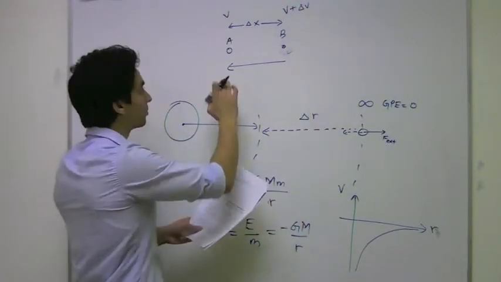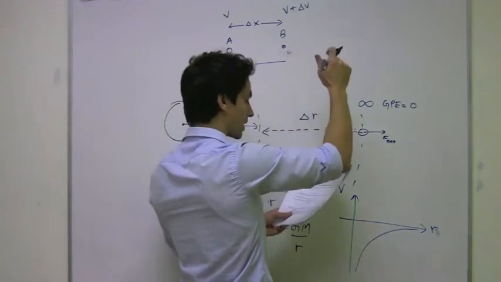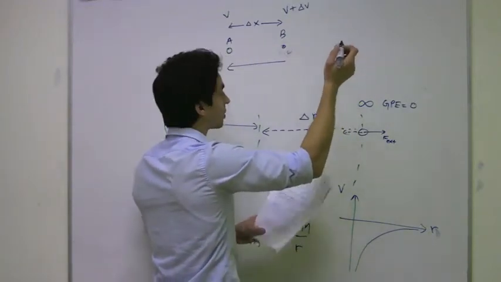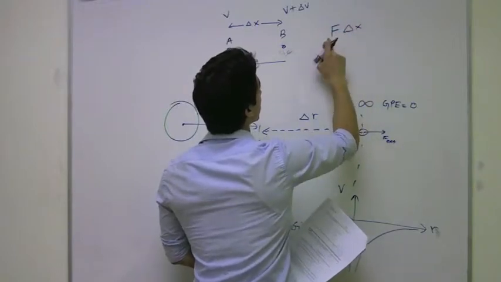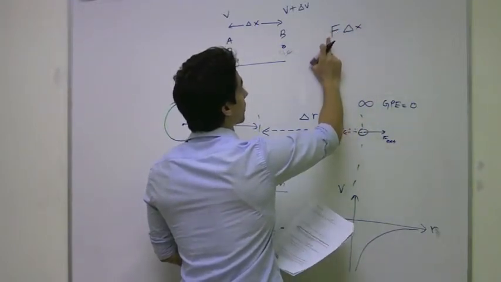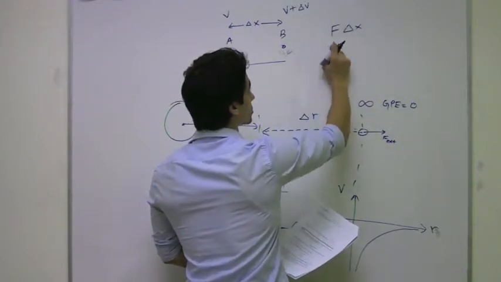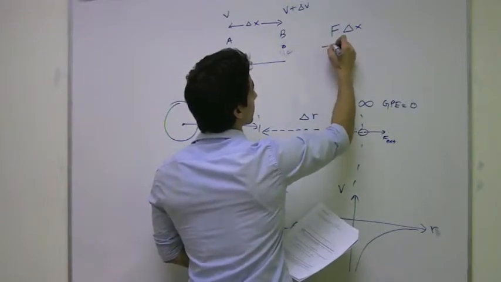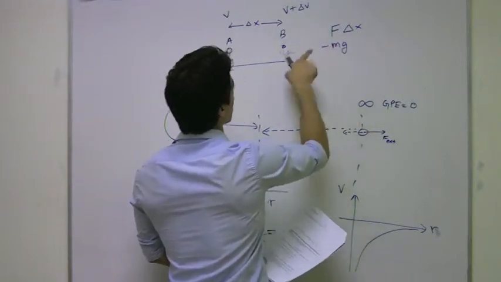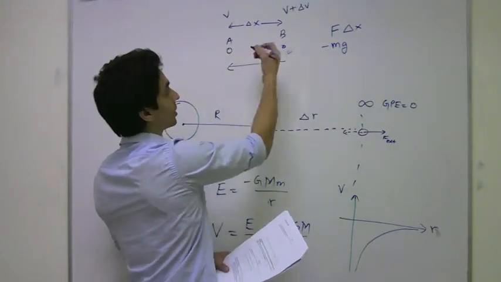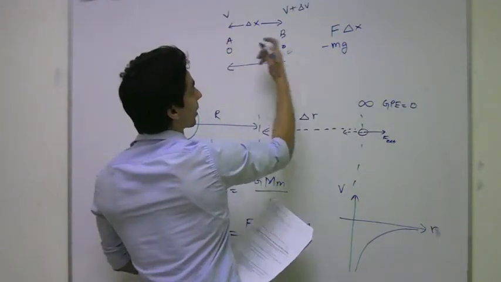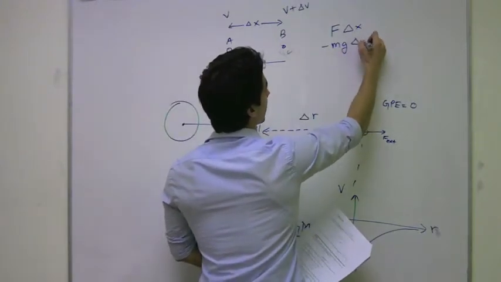In moving from A to B, the gravitational field would have to do work of F delta x. Now we know that the gravitational force can be approximated to minus mg, because we are moving away from the gravitational field. The force is pointed in this direction, so minus mg delta x.